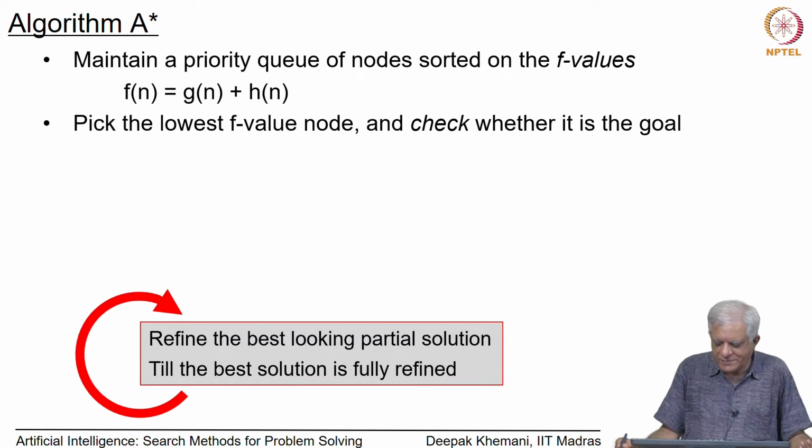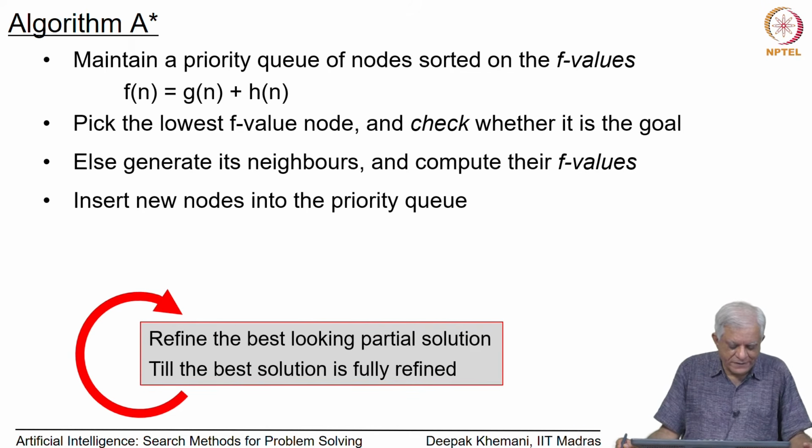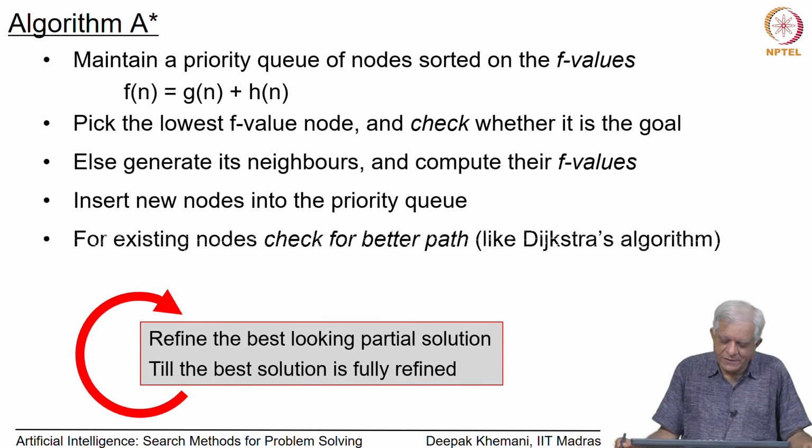If it is a goal, we would terminate at this stage, but if it is not the goal, then we would generate its neighbors and compute their f values in turn and add them to the set of candidates. So, insert new nodes again into the priority queue, but as we will see in some examples as well, you may find better paths, like Dijkstra's algorithm did, to nodes which already exist in the priority queue, and we may just need to check for a better path and update that, like the Dijkstra's algorithm did as well.